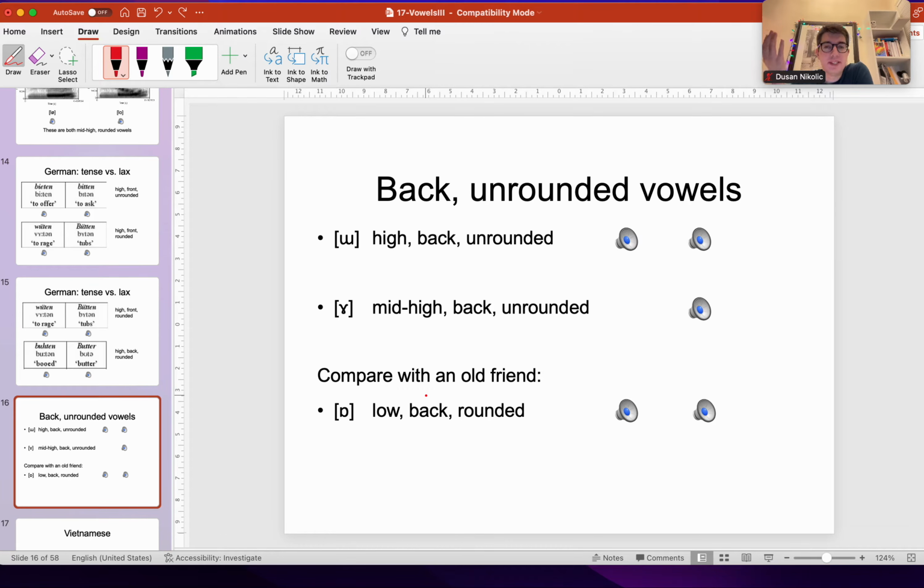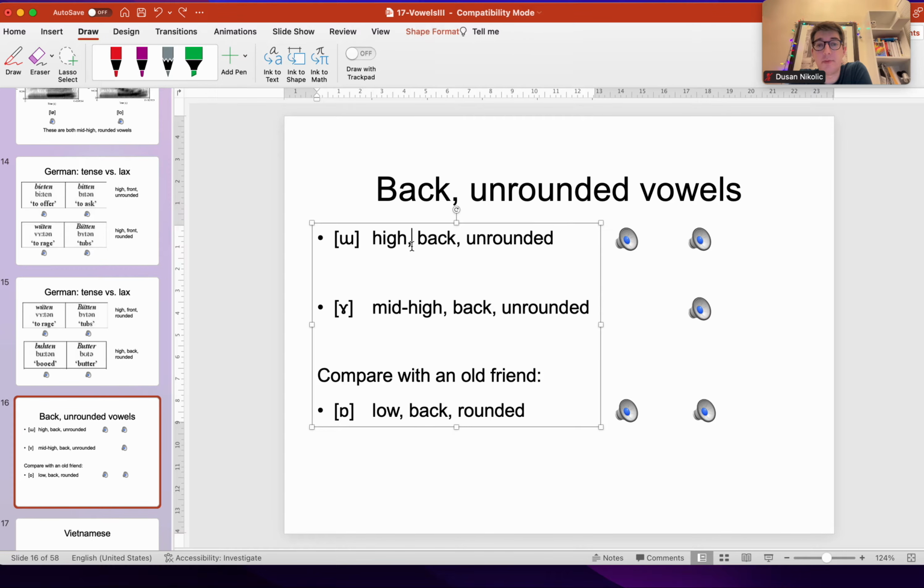Basically, what you need to do when you're producing this vowel, which is a counterpart to oo, is unround the lips. So in oo, you have to say oo, right? It is more difficult to unround the vowels than to round them, especially if they're somewhere in mid, and also compared with an old friend of ours, which is low back rounded, where you don't have such a distinctive difference.